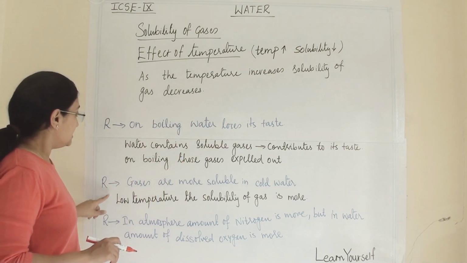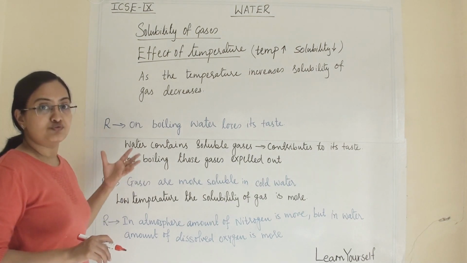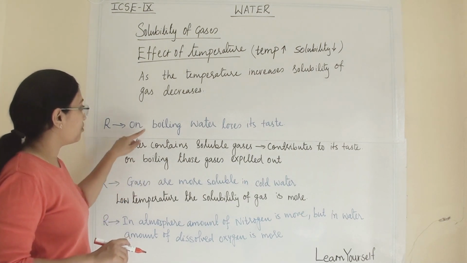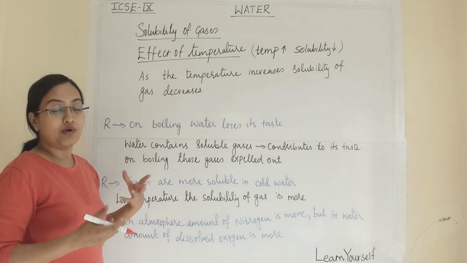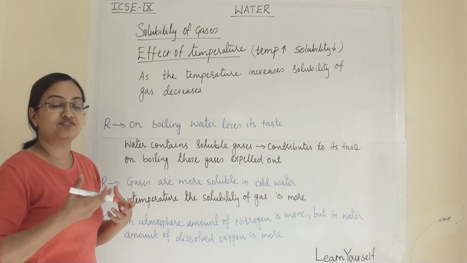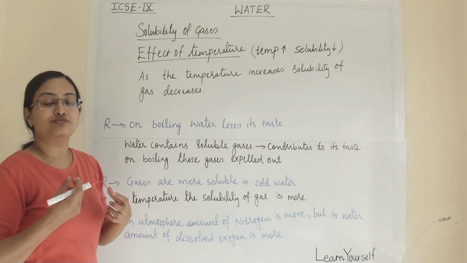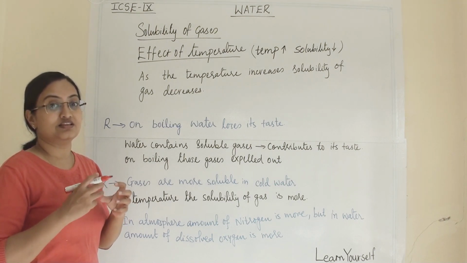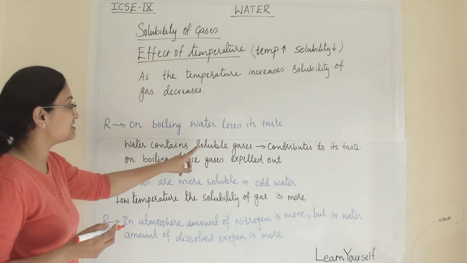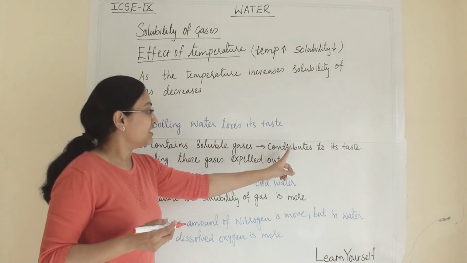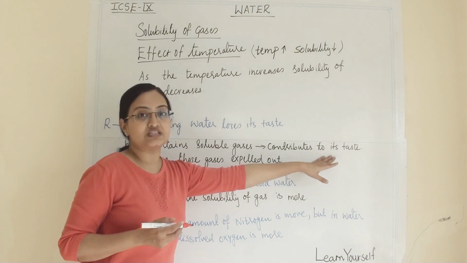So here there are three reasons which we need to understand, why boiling water loses its taste. When we are boiling the water, afterwards we do not feel like drinking it because its taste has altered. Why does this happen? Because water contains soluble gases and they contribute to its taste.